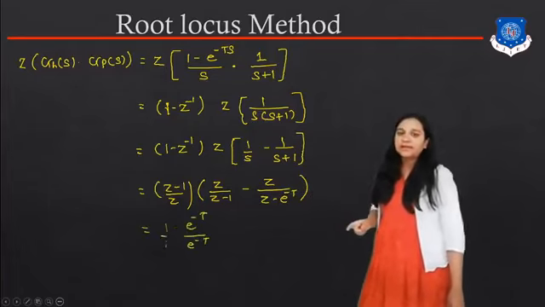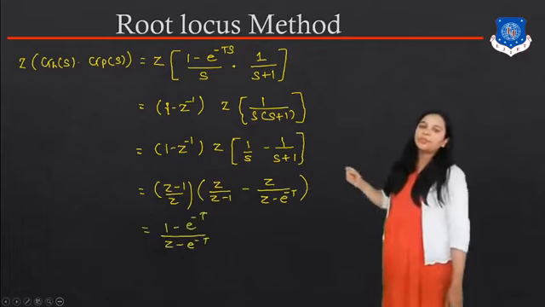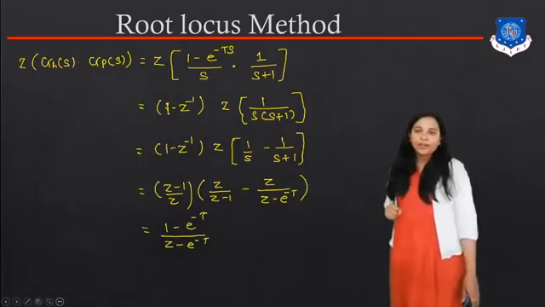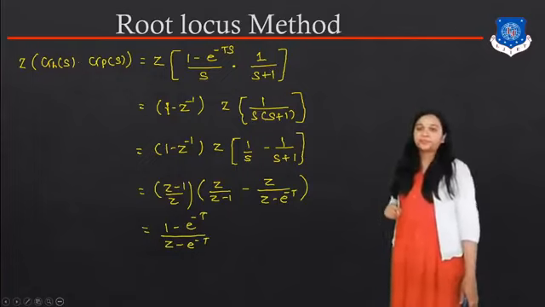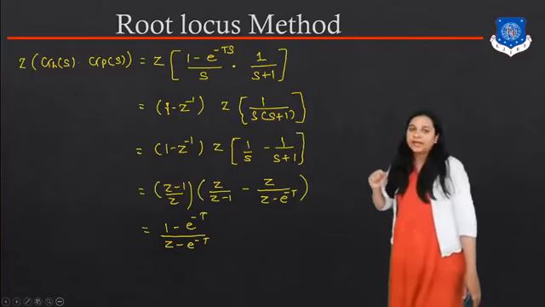Here z is cancelled out and we get 1 minus e raised to minus t upon z minus e raised to minus t. Okay, so this is the z transform of the continuous time signal.